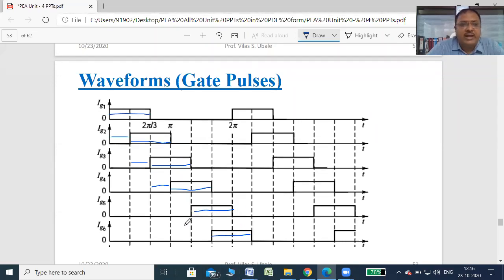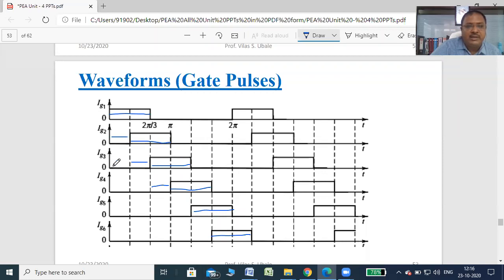So this is the gate pulses. You can check here from the gate pulse when switch 1 is on and how much time switch S1 is on. So switch 1 starts on at 0 degree and it remains on for 120. Then gate 2 after a 60-degree interval and it remains on for 120.